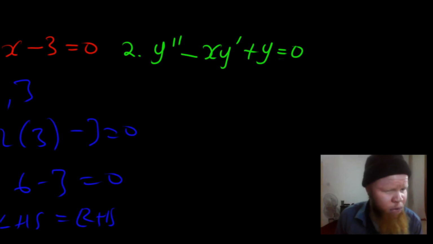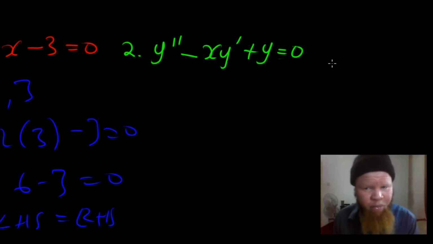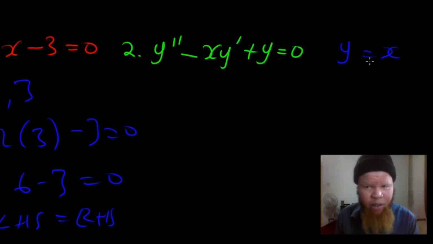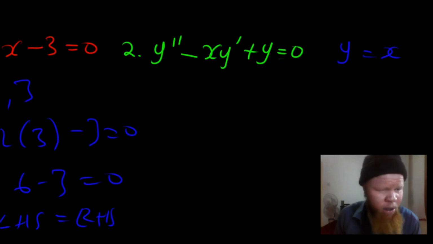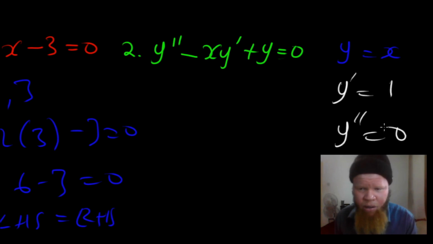Similarly, you do the same with our differential equation here. For example, if I tell you y is equal to x is a solution, then you find y prime. The derivative of this will be 1, and this will be 0.